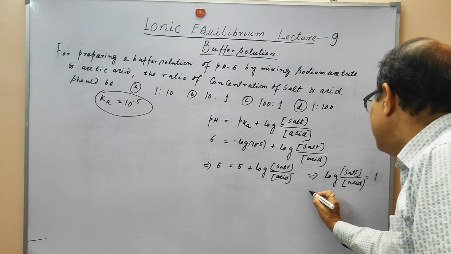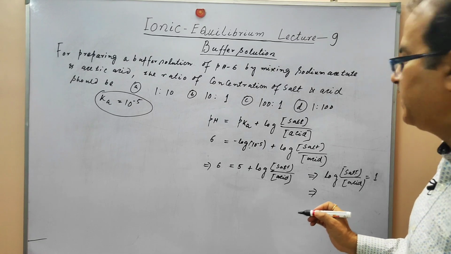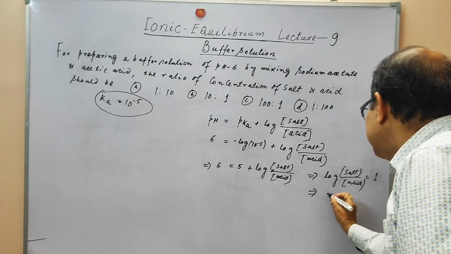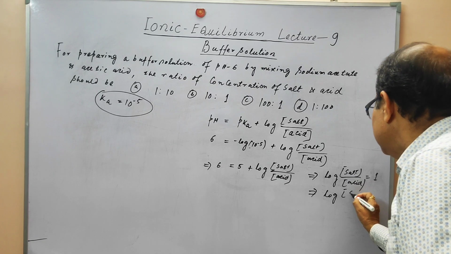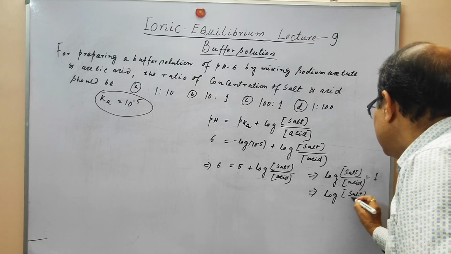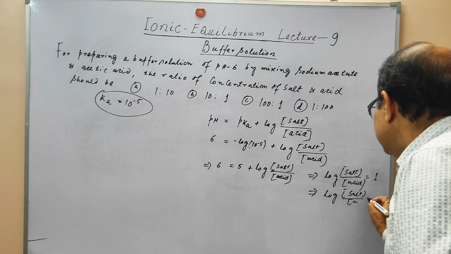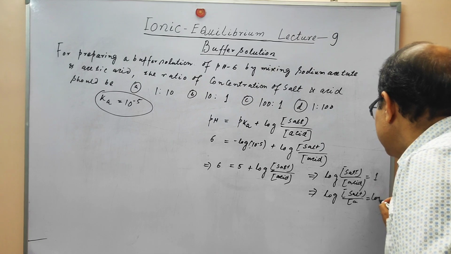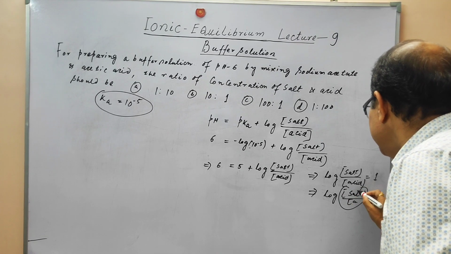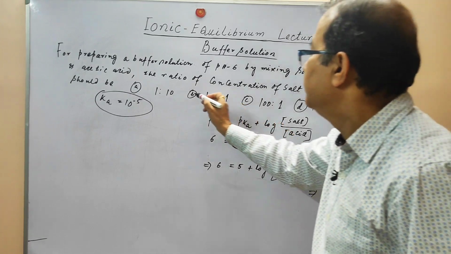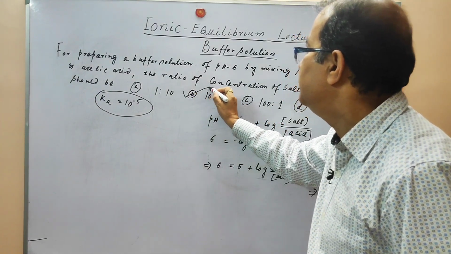So we know 1 means log 10, so from this we can write again log of salt by acid, it will be log 10. So salt by acid solution will be 10 by 1. That is the option B is correct.